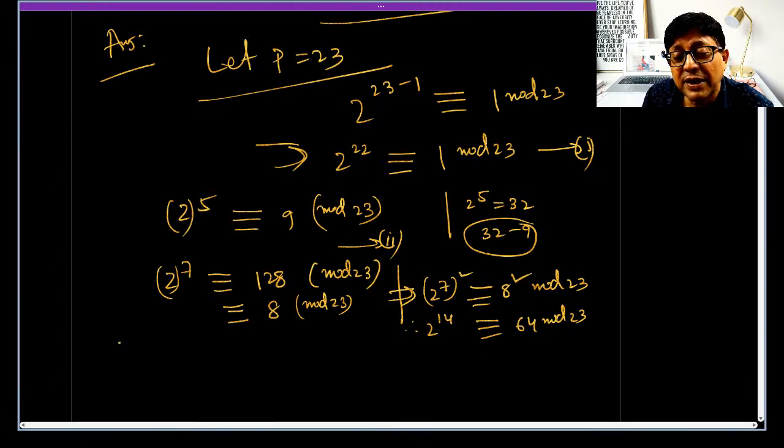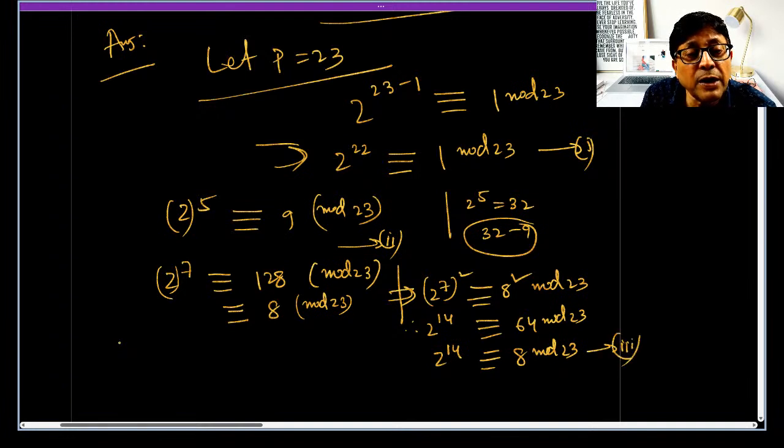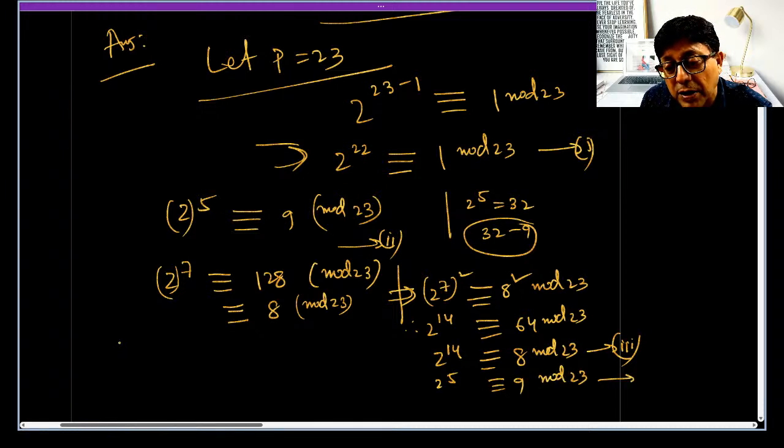This is coming 8 mod 23. So you got 2 to the power 14, say this is number 3. You got 2 to the power 5 congruent with 9 mod 23. This was our number 2.